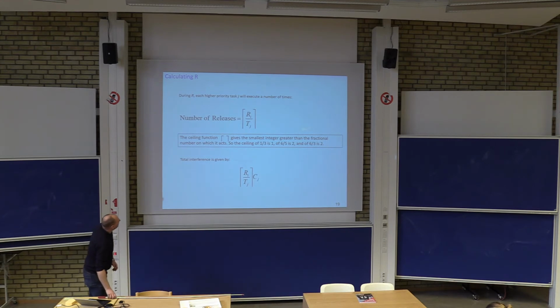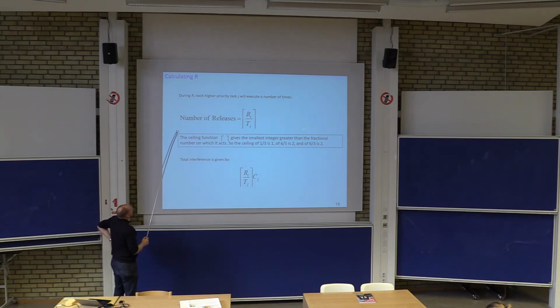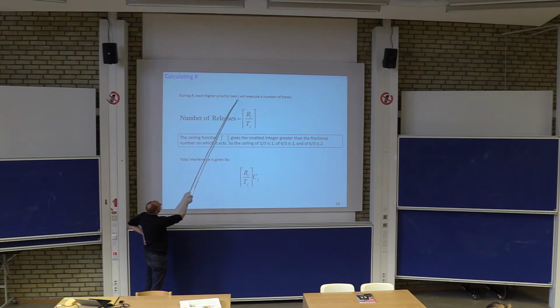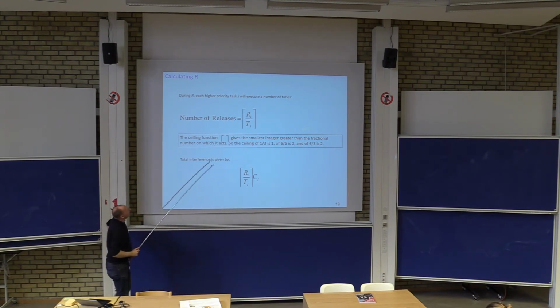What we will do is that for each task, there might be a higher priority task J. So the current task is I, and higher priority tasks are J. They will execute a number of different times.